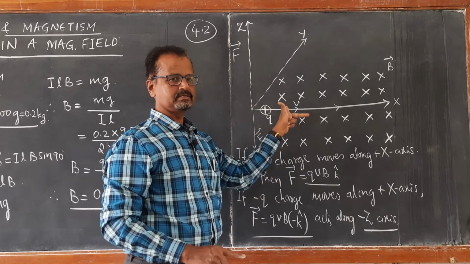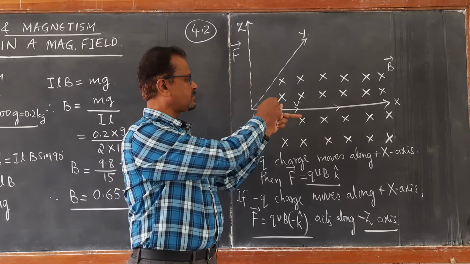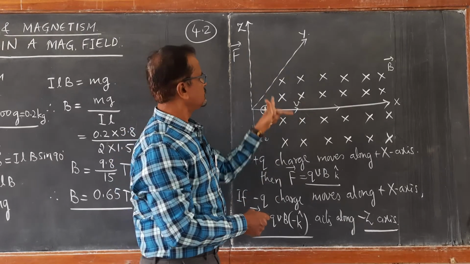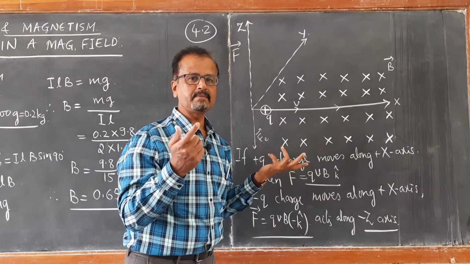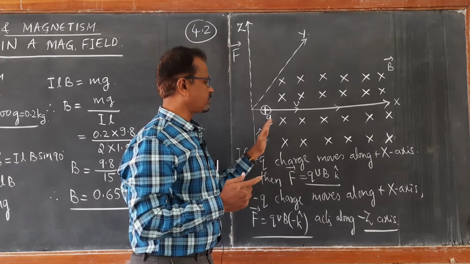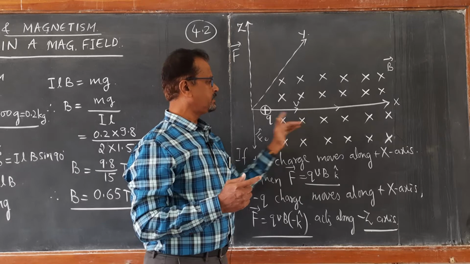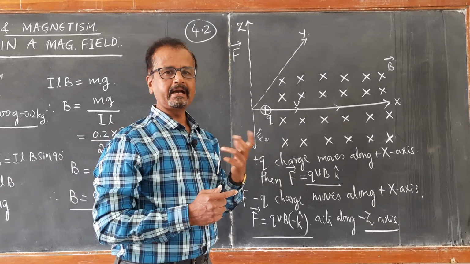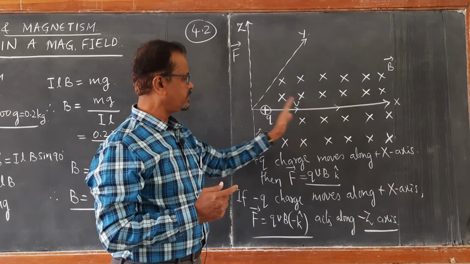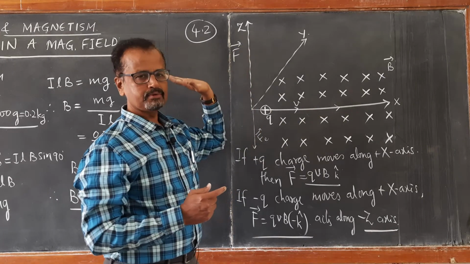And see the thumb acts vertically upwards. Therefore, a proton, a positively charged particle moving with some velocity vector, experiences a Lorentz force, a magnetic force due to this magnetic field, vertically upwards along positive z axis.